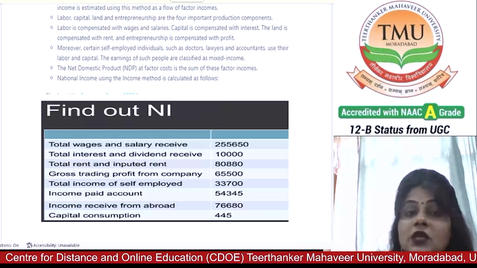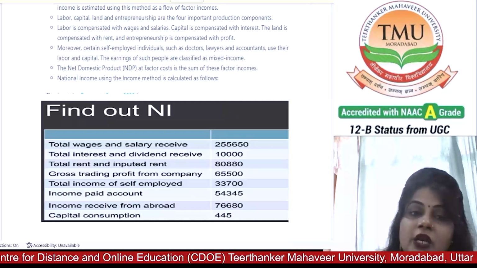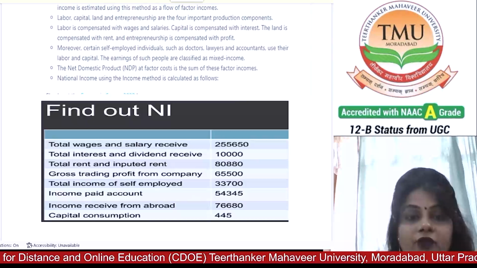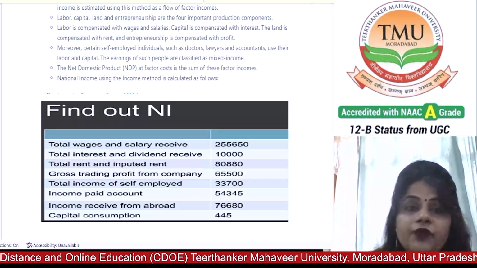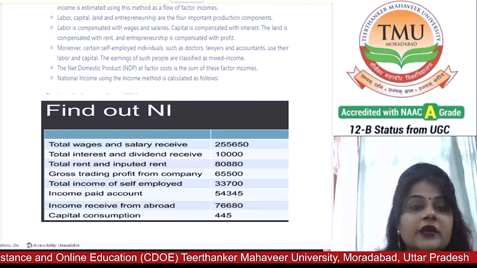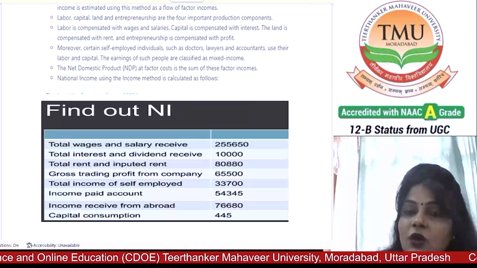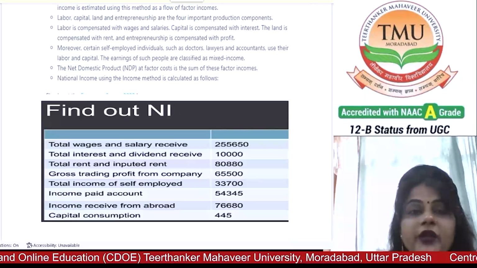The second step of calculating national income through the income method is the estimation of the factor income paid by each factor.